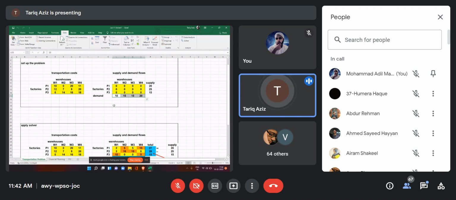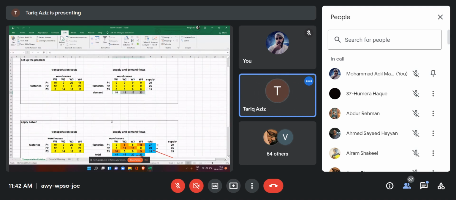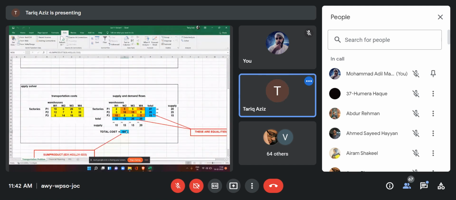After writing the problem in this form, you have to calculate the total cost. The total cost is the multiplication of these two matrices, the matrix for cost and the matrix for the number of units being transported from different factories to different warehouses.